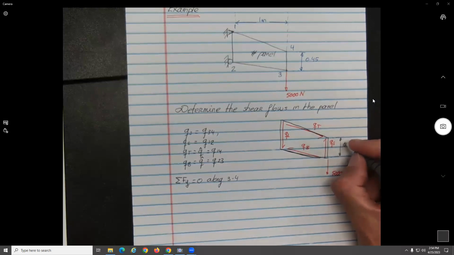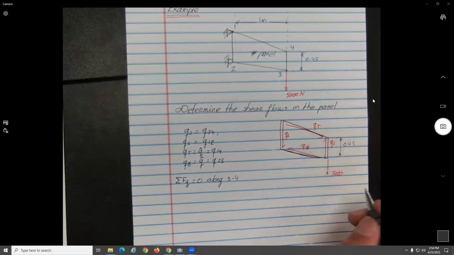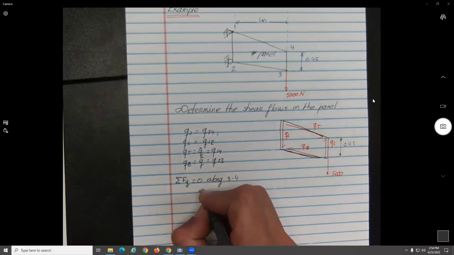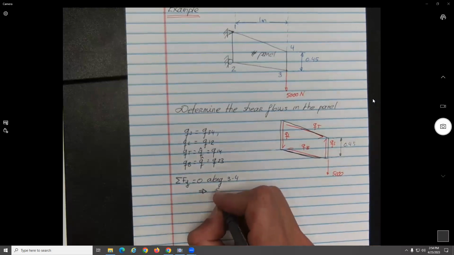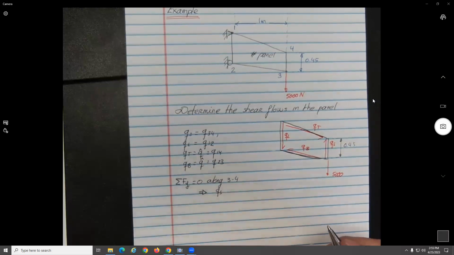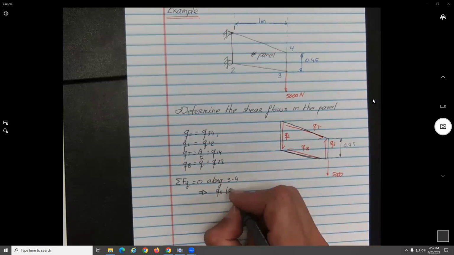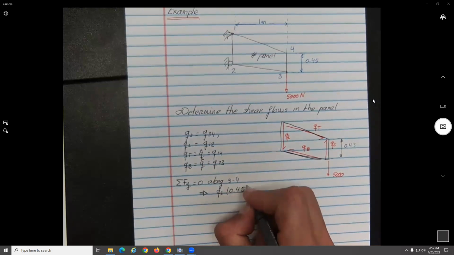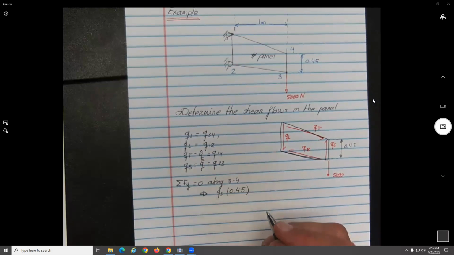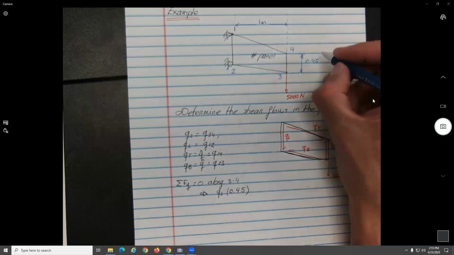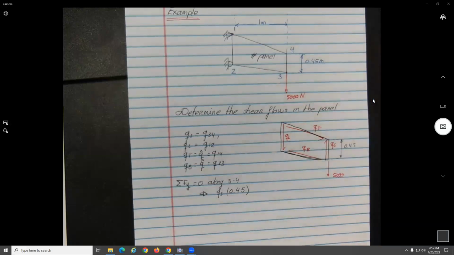What is the length? 0.45. So we do this, what should we have? We should have QS times 0.45. I guess we'll do meters. 0.45 meters.